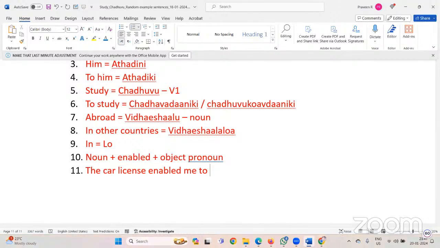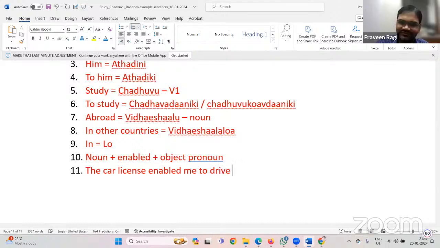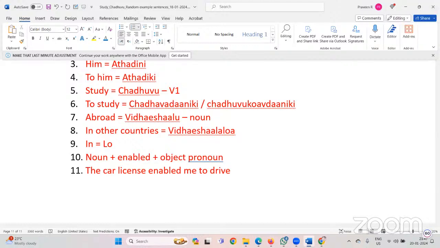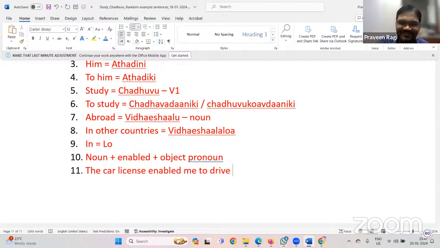The license enabled me to drive legally, but I don't want to make a difficult sentence. Let's put it like this, to drive. It can be anything. Whoever is writing can write anything. Our focus is to practice this structure.